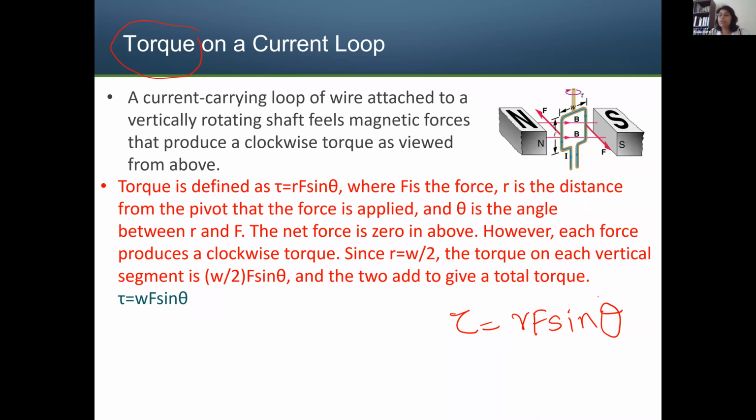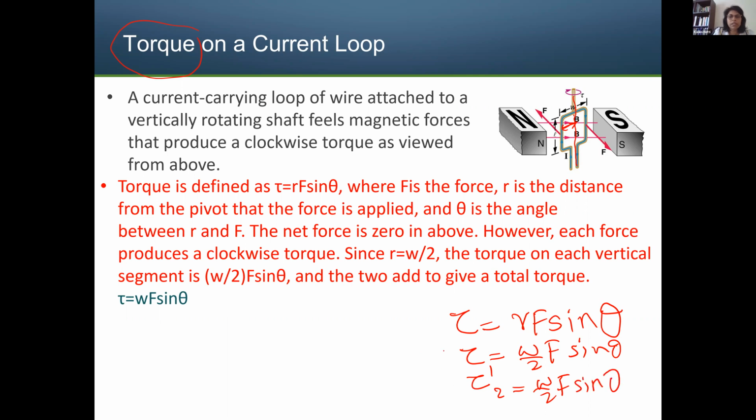If you have R in here, you see that this is my pivot axis that we're going to rotate about, and the distance from here to here is W over 2, and then one of the forces will create the torque that will be W over 2 times F times sine of theta, and the other side also does exactly the same. That will be W over 2 times F times sine of theta.